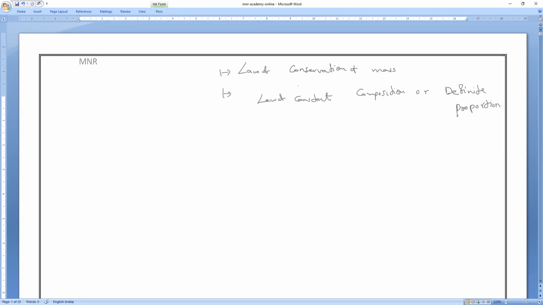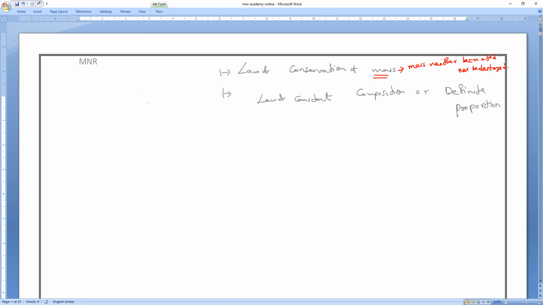Laws of chemical combination. According to the law of conservation of mass, mass can neither be created nor be destroyed. So that is what we say is the law of conservation of mass.